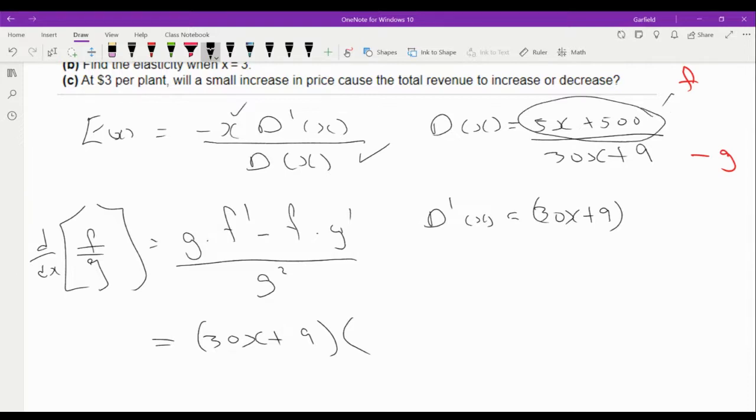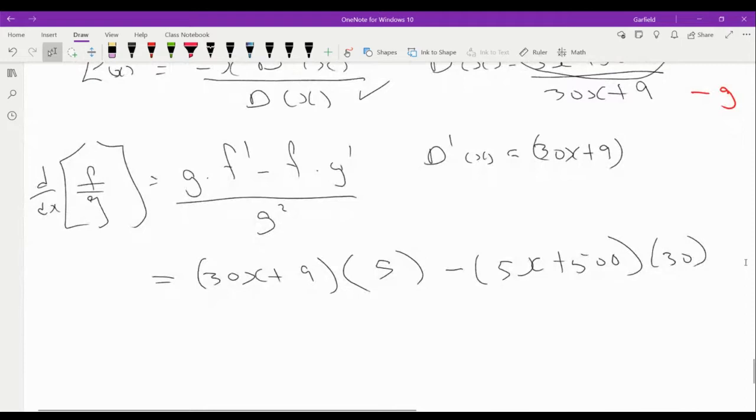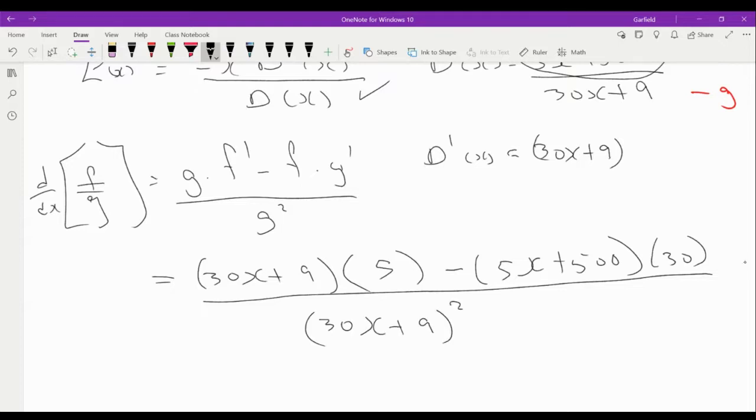So the derivative of that is just 5, minus f, which is 5x plus 500, times the derivative of the denominator, which would just be 30, all over the denominator squared. So that's 30x plus 9 squared.